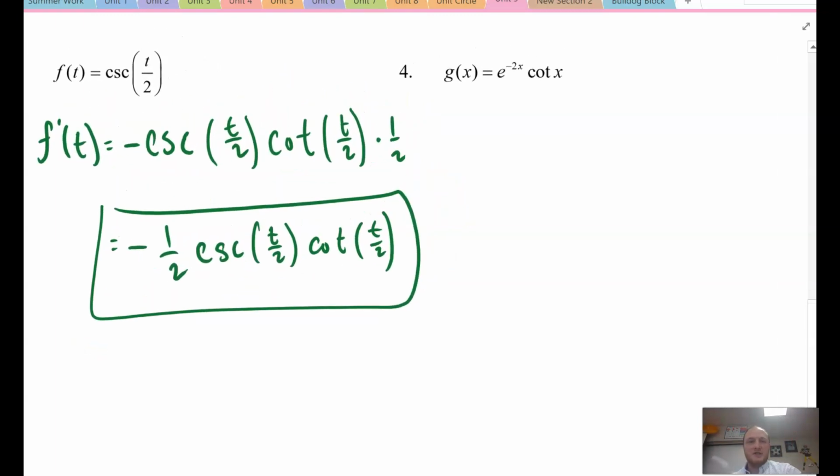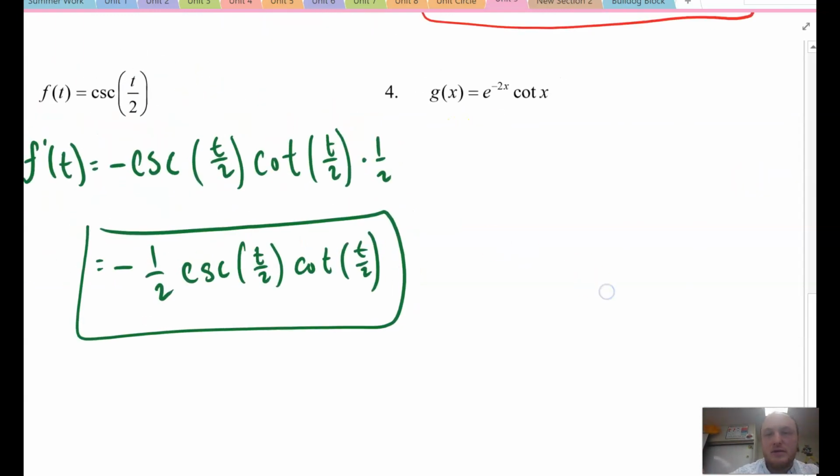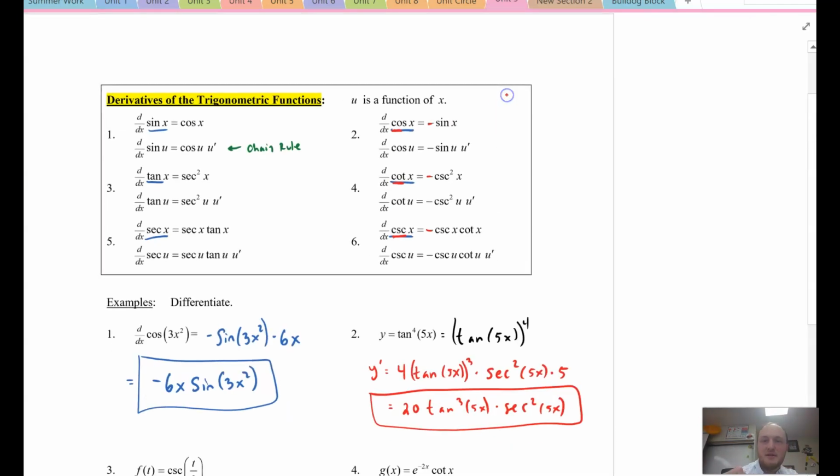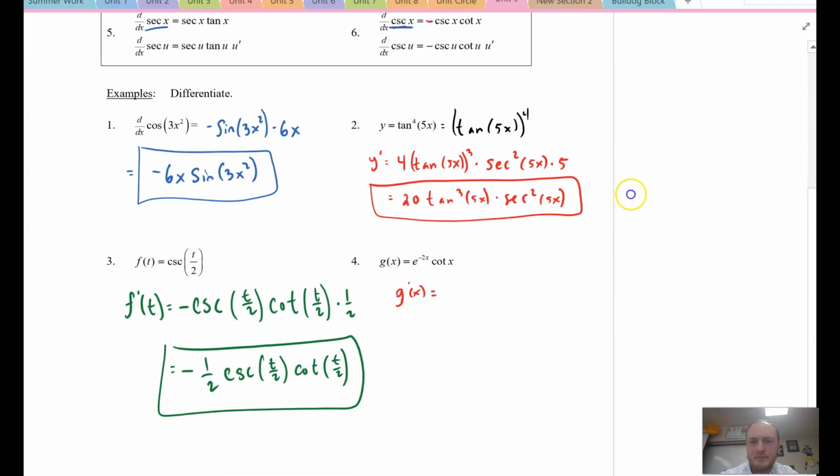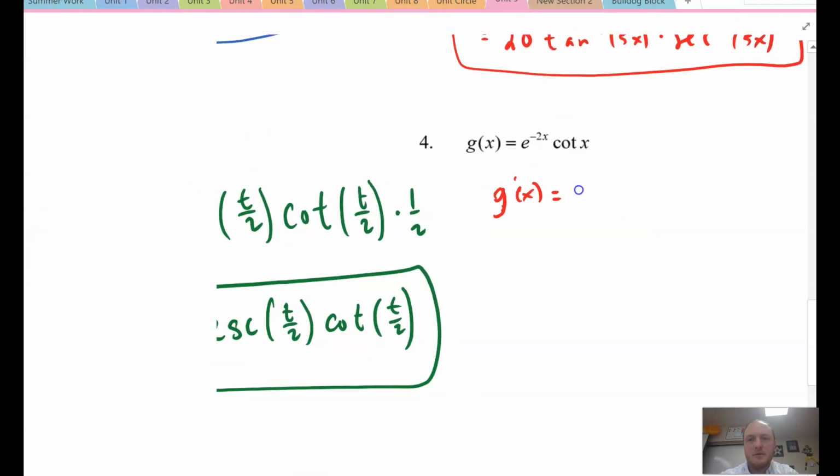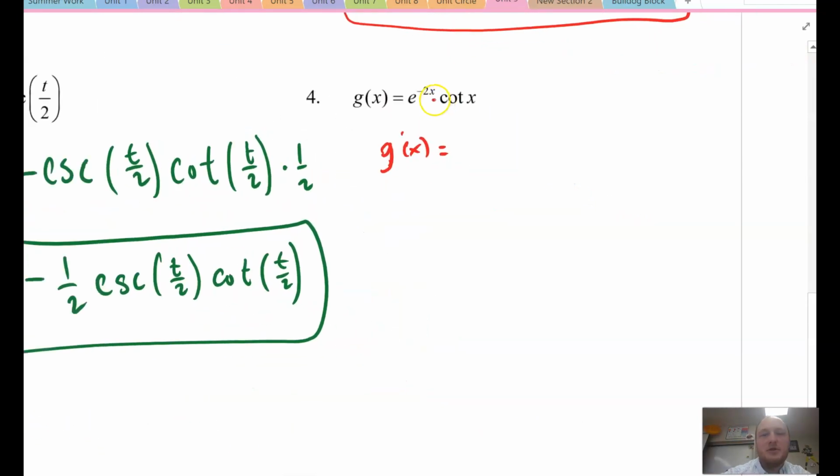Okay, next, g prime of x. What I hope you see is you have e to the power of negative 2x times cotangent of x. So what we have is the product rule, right? Also, I hope you see a function in your exponent, so we have chain rule coupled there.